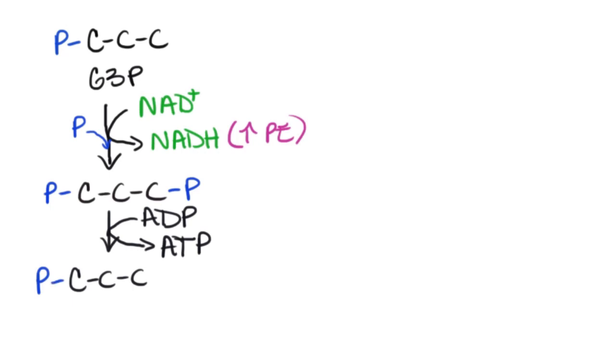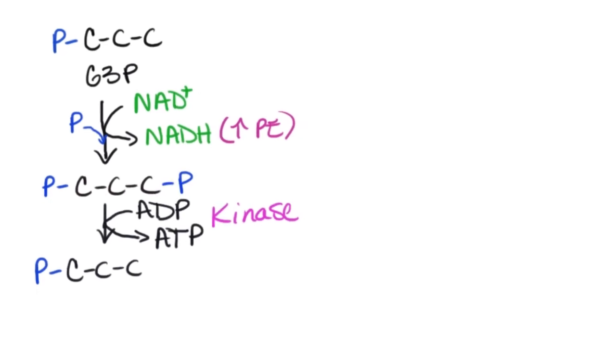We do have a name for any enzyme that performs this kind of transfer of the phosphate group. These tend to be what we call kinase enzymes. So kinases are involved in what we would call phosphorylation, and that's what this one happens to be doing. The next step is going to involve another similar reaction.